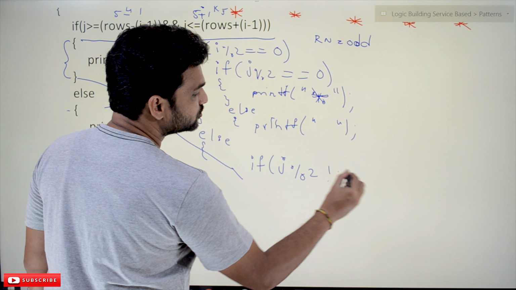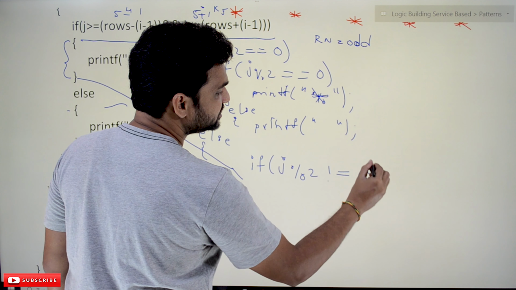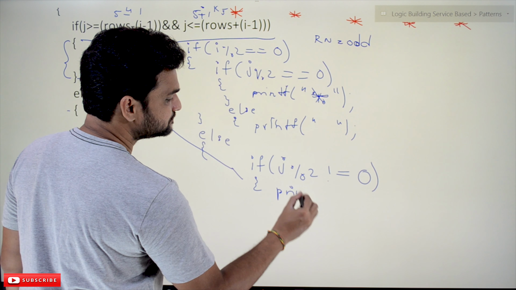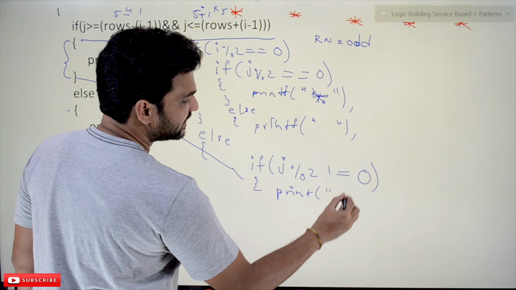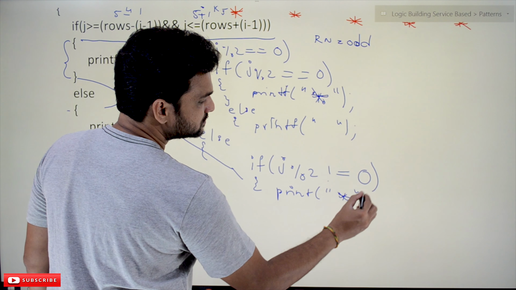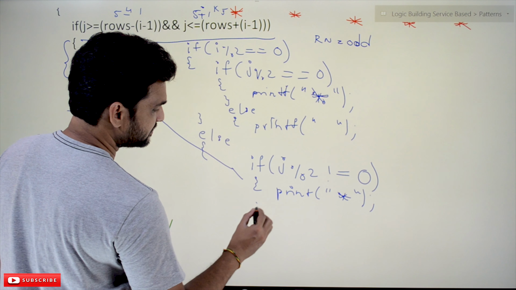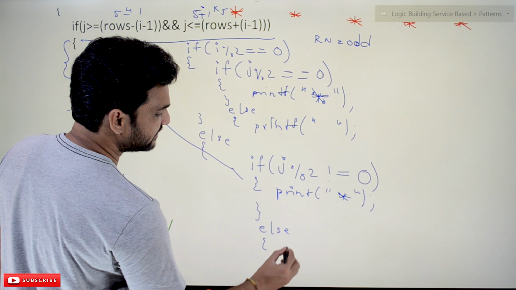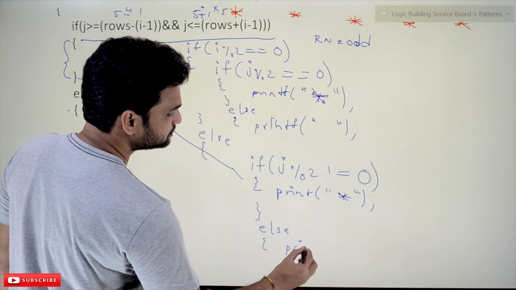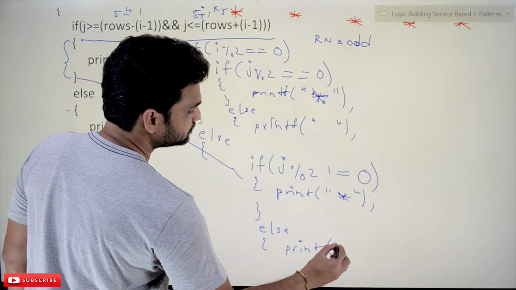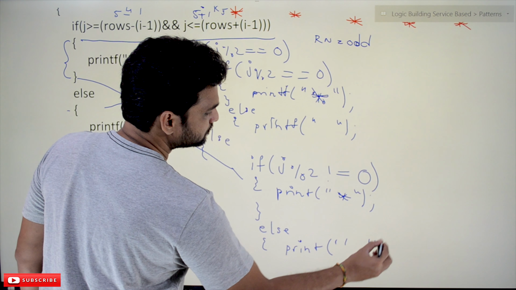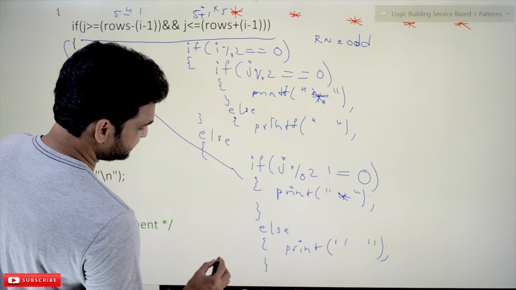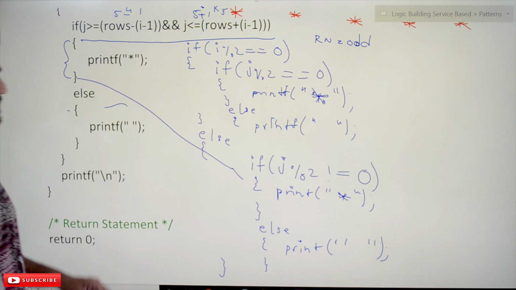If j mod 2 is not equal to 0, then we have to print a star. Else we have to print an empty space.